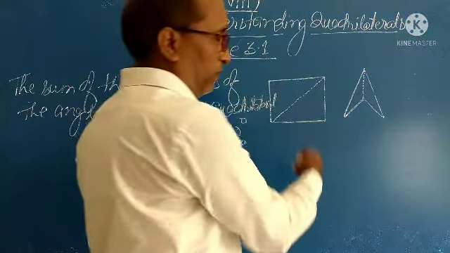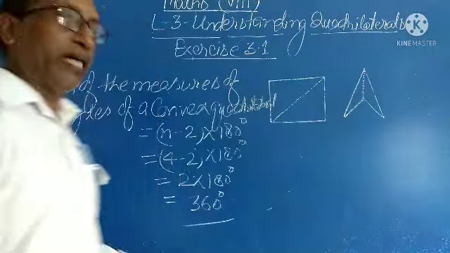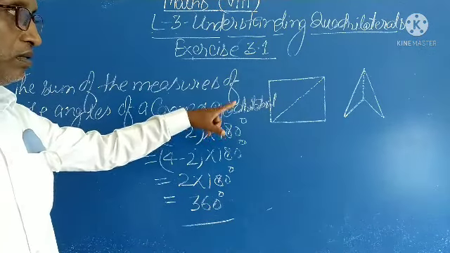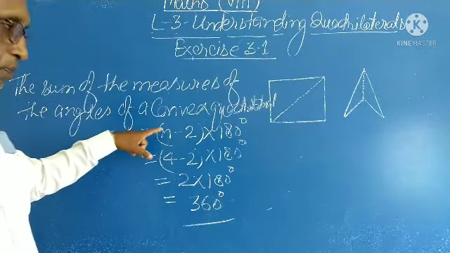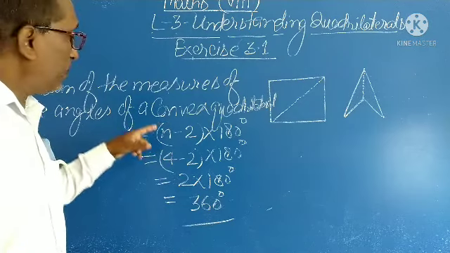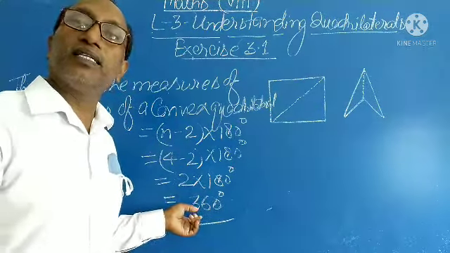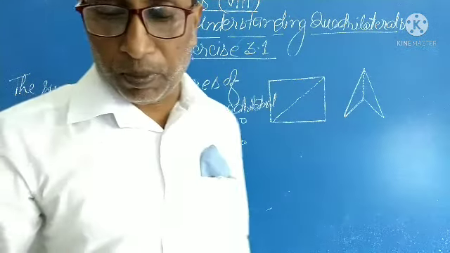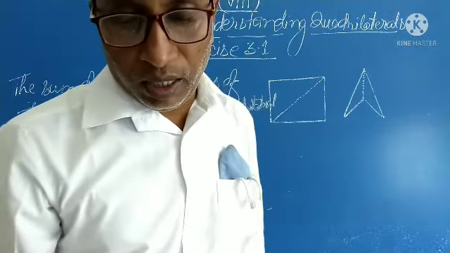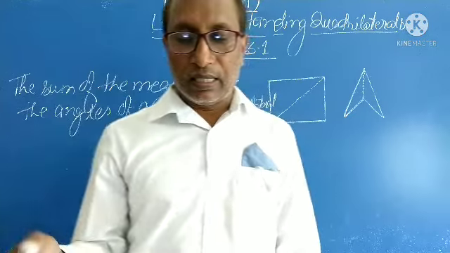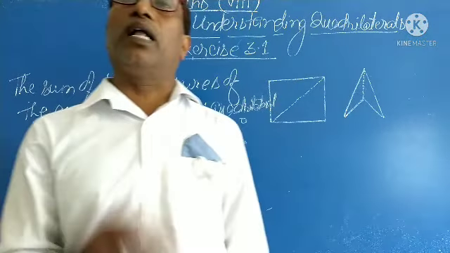In the concave one you also have the number of sides as 4. This means when you put the value of n as 4, you get 360 degrees. This means this property holds if the quadrilateral is not convex also.